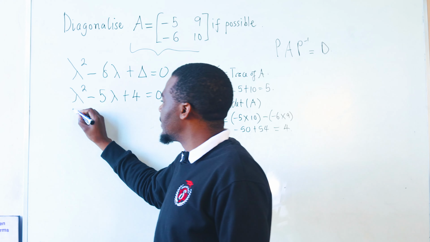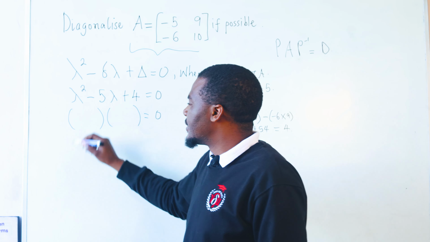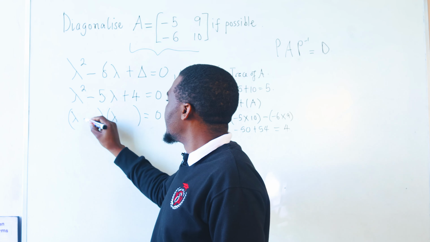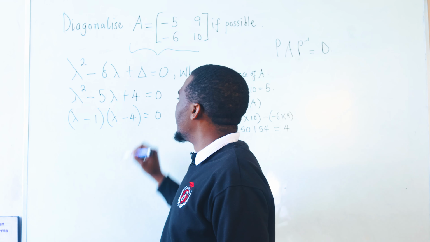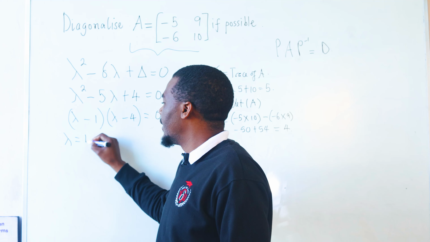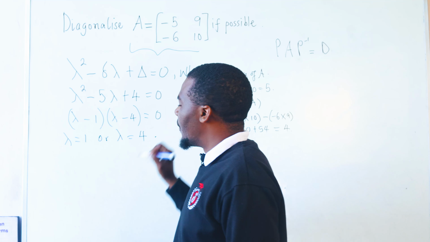By factorization, you get lambda minus 1 and lambda minus 4. So you can see that lambda is equal to 1, or lambda is equal to 4.